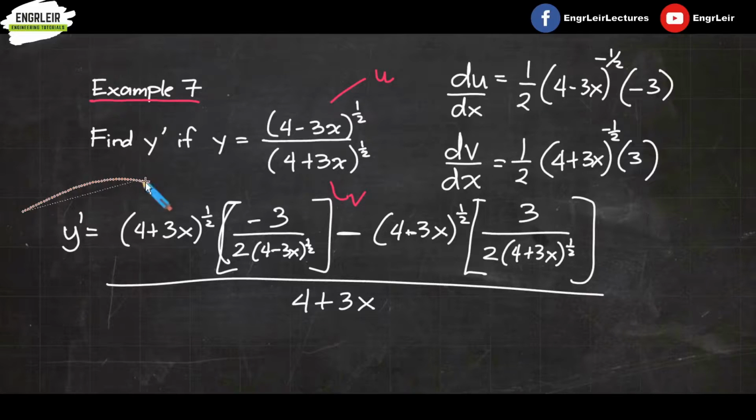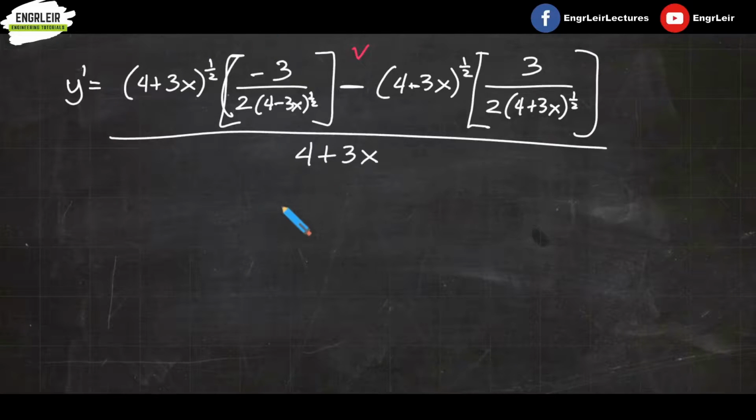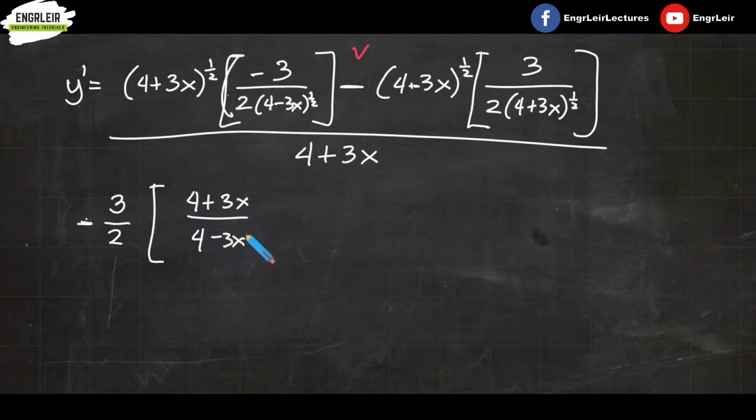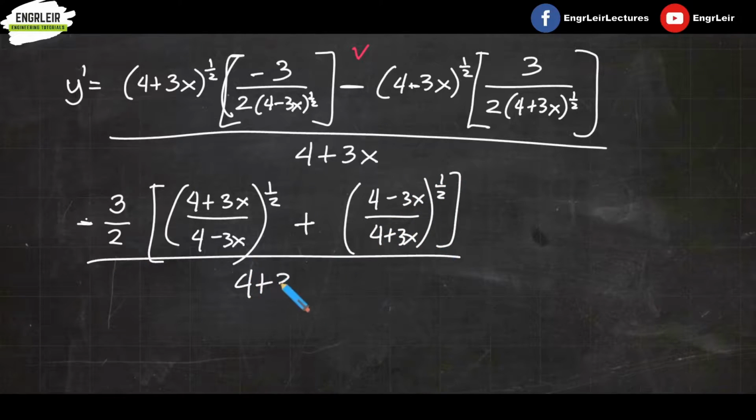Now for this one, let's simplify, no, para makita natin kung ano yung sagot. Okay. So how do we simplify this? We can first extract yung 3 over 2 both sides. So sige, negative 3 over 2, and this becomes 4 plus 3x over 4 minus 3x raised to 1 half, okay, plus 4 minus 3x over 4 plus 3x raised to 1 half all over 4 plus 3x.